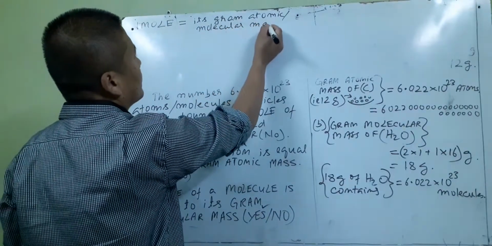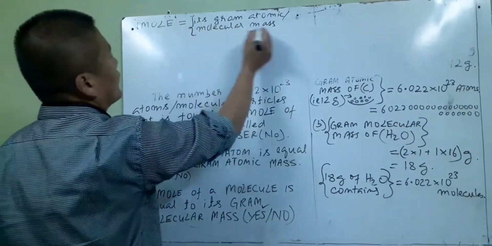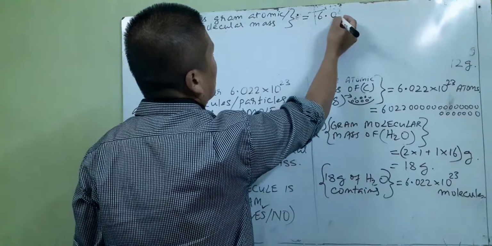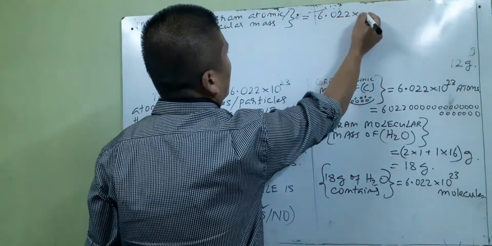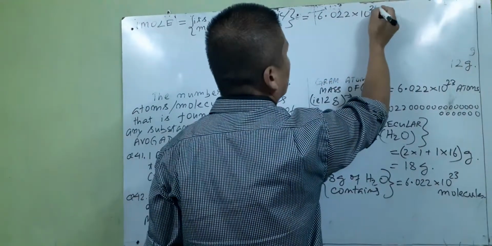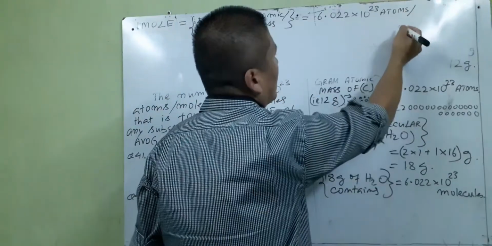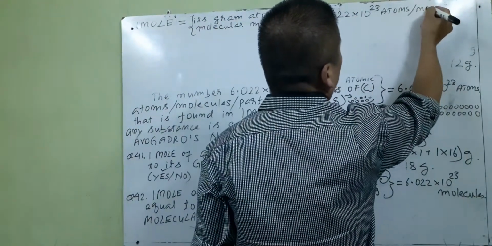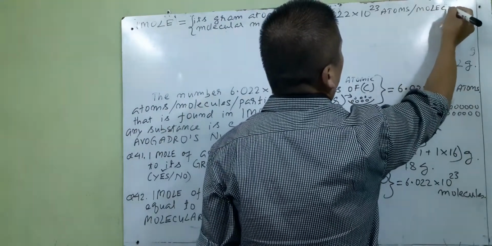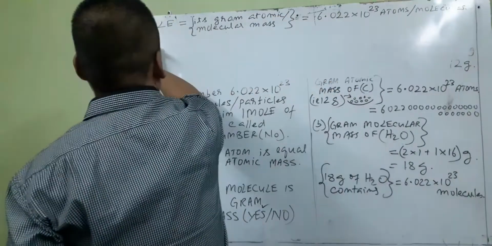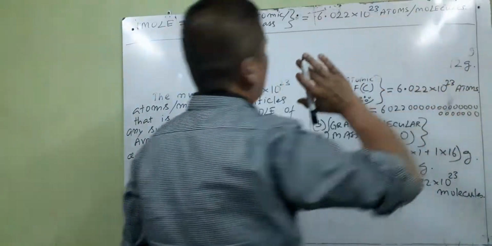If it's a molecule, molecular; if it's an atom, atomic mass. And this will contain the same number of atoms or molecules, 6.022 into 10 to the power 23. There will be that many atoms if it is an atom, or the same number of molecules in 1 mole of a molecule. So this is the formula we need to keep in our mind when doing numericals in this chapter.